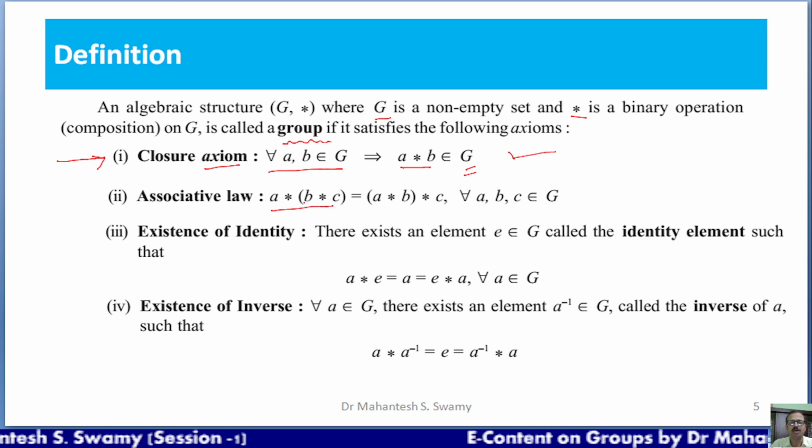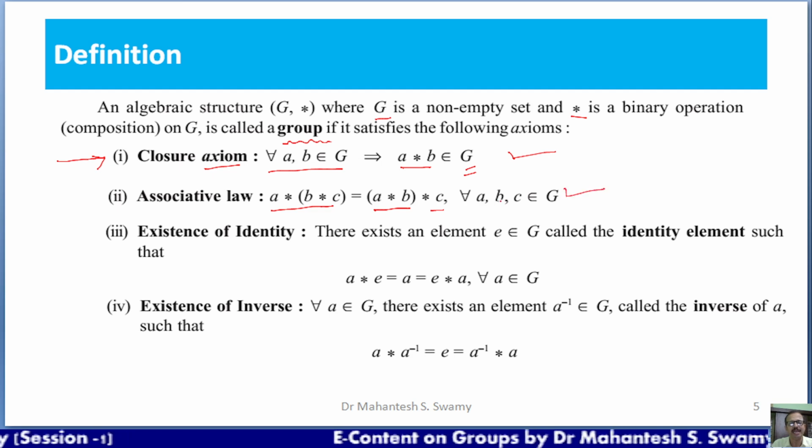You can observe the bracket can be interchanged. That should also be allowed. So A star (B star C) must be equal to (A star B) star C. So associativity should be valid in G for any elements of G. So the associative law should also be valid.